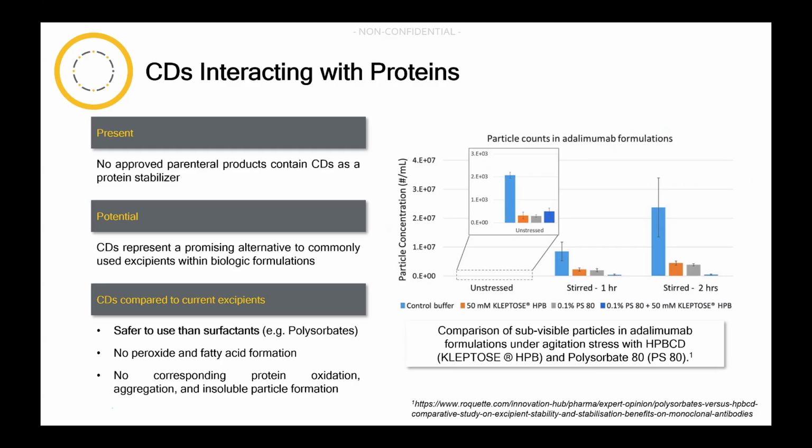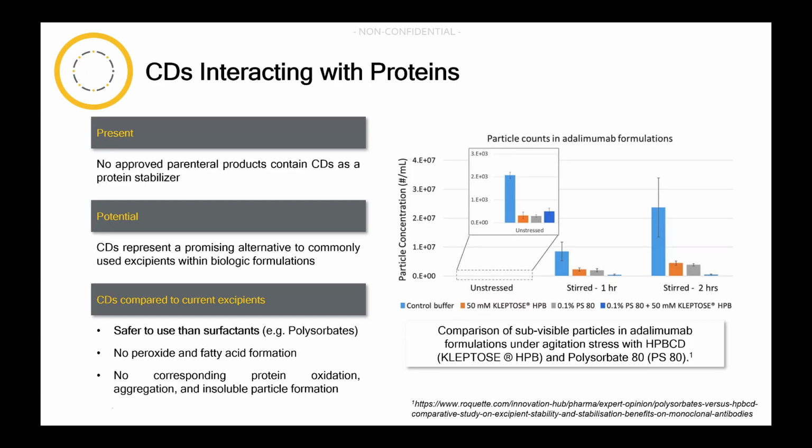Cyclodextrins are safer to use than surfactants like polysorbate. There is no degradation, which can cause, in the case of polysorbates, peroxidated fatty acid formation, and cyclodextrin can have certain advantages. As you can see in this case study done by Roquette, where they are using adalimumab as a monoclonal antibody and HP beta and polysorbate 80.